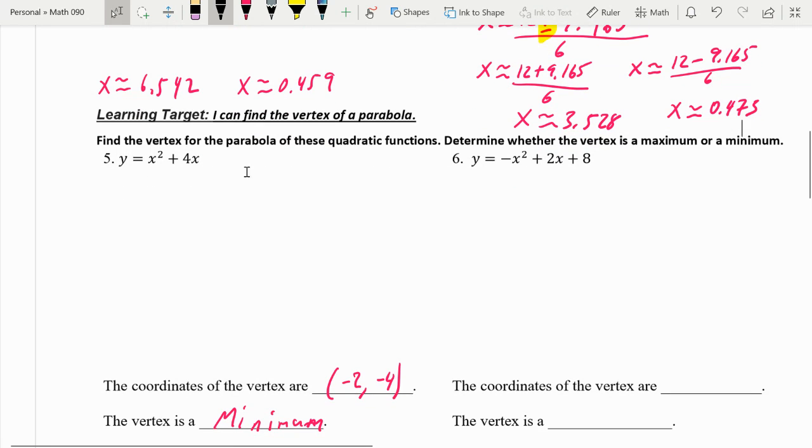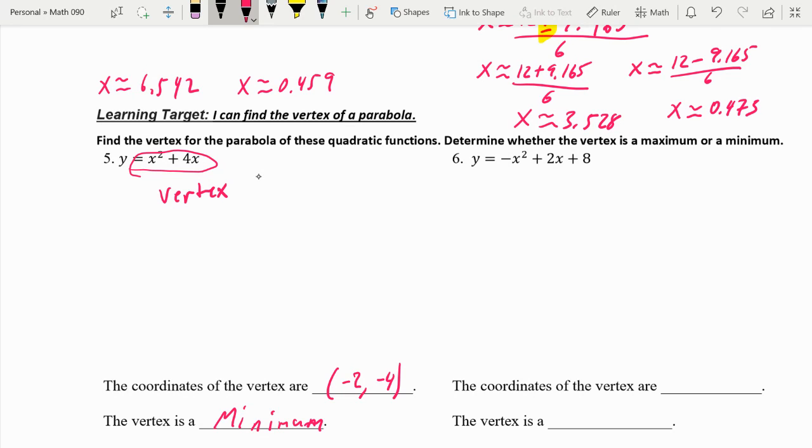All right, next ones. This next learning target is finding the vertex. Finding the vertex should not be tough. Remember, for the vertex, everything has to be on the right side of the equal sign, with the exception of y.